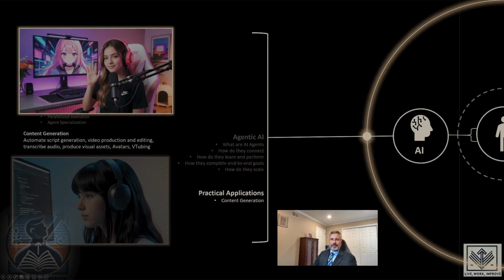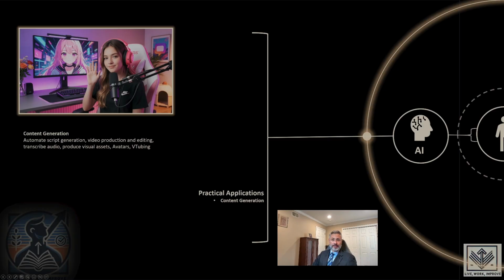Now, the next thing that we're going to talk about is the practical applications of using AI. Well, one of them is to create content. I mean, you see it all the time. We talked about VTubing and things like that. People use audio, people use video, AIs to create video.